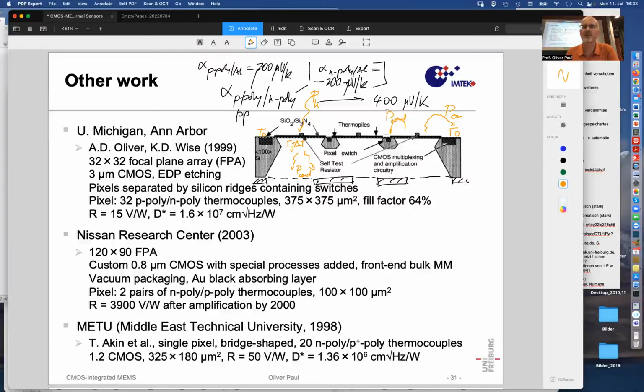If those channels are removed, then of course the delta T will be higher. And so that is the purpose of this vacuum packaging.